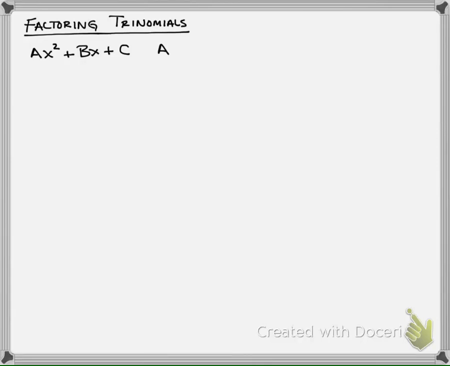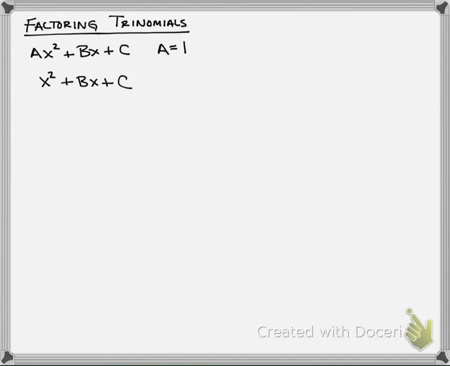We're going to talk about factoring trinomials, and specifically factoring quadratic trinomials of the form ax squared plus bx plus c. In our case, the a term is equal to 1. So we're actually looking at x squared plus bx plus c.